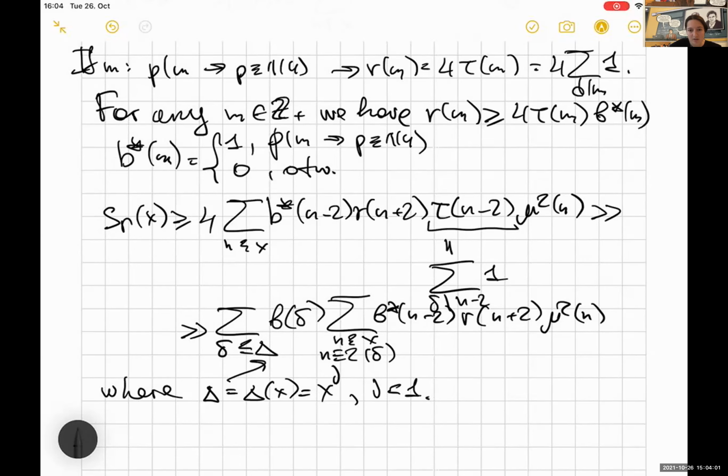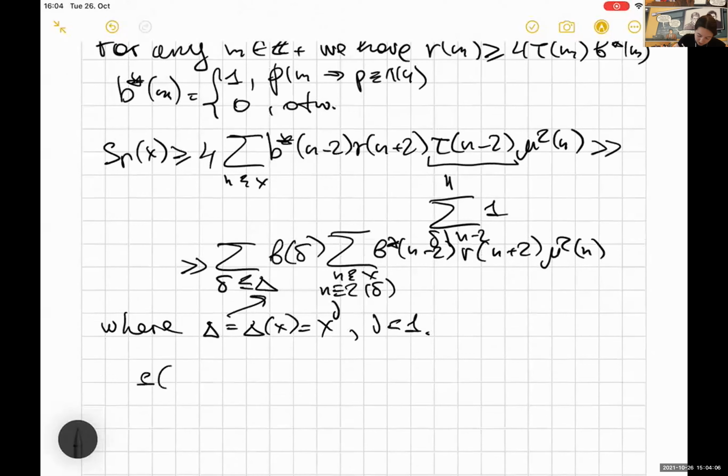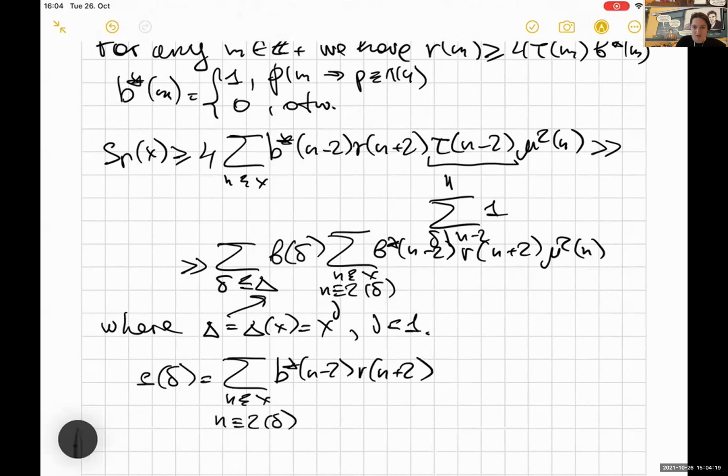And then what remains is just, so we have the internal sum, and the internal sum looks like this. We have the sum over n up to x, n is equal to 2 mod delta, b star of n minus 2, r of n plus 2, mu square of n.